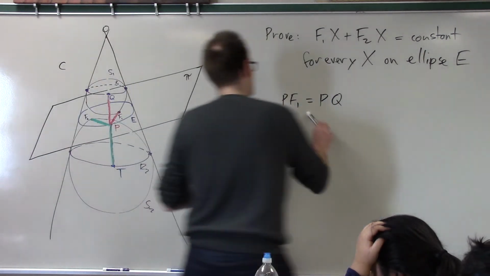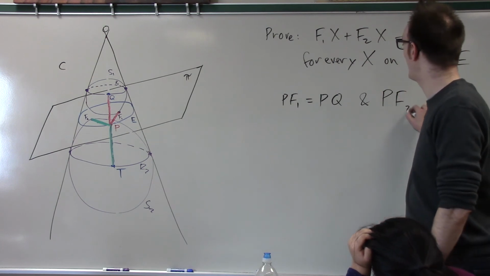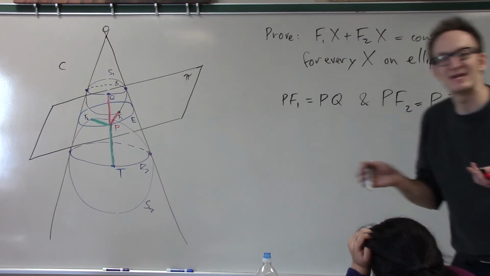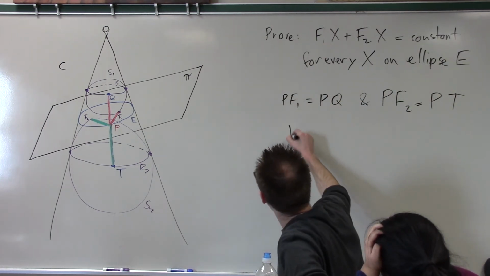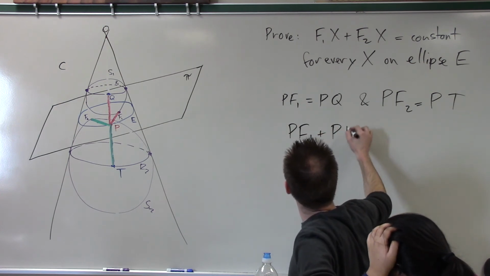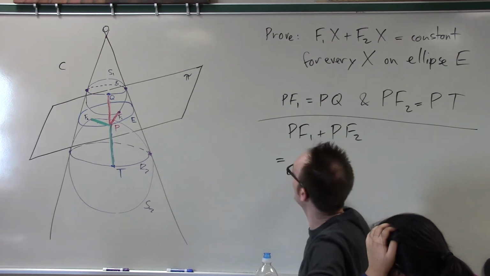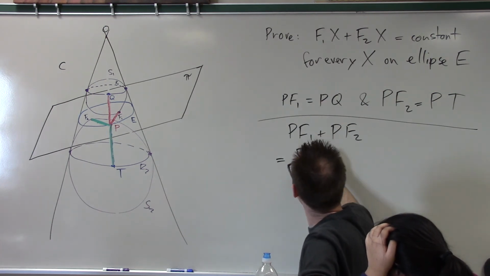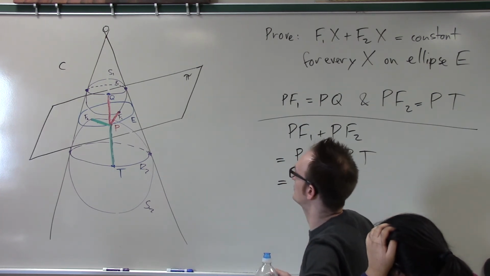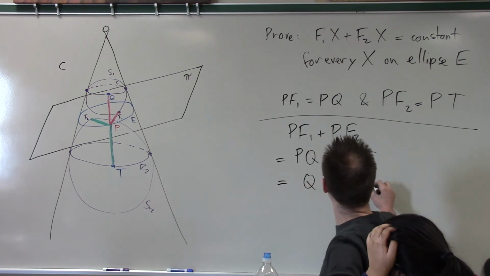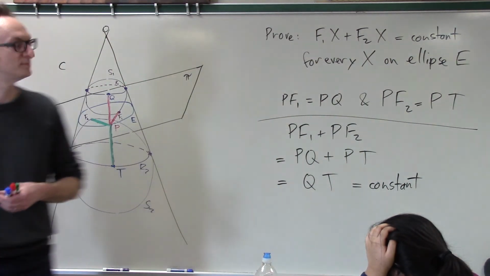Since PF2 equals PT, we're basically done. Given this arbitrary point P, the sum of the distances to the foci is, by substitution, PQ plus PT, and PQ plus PT is just QT, which is a constant for any particular cone and plane.